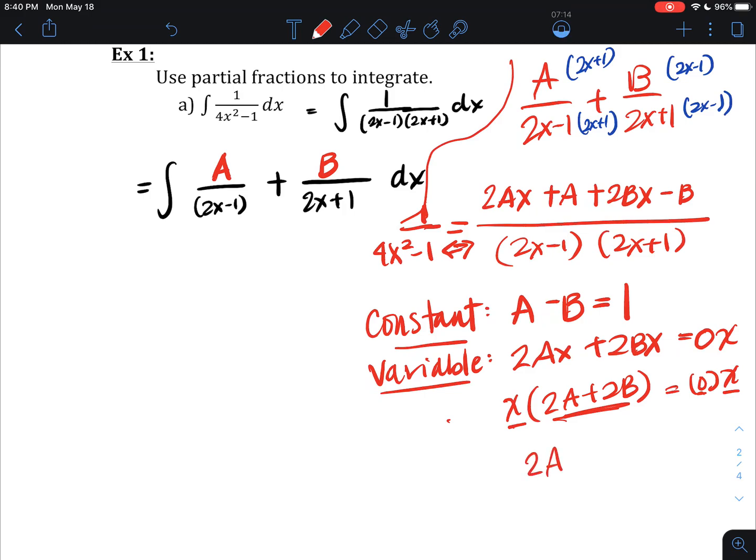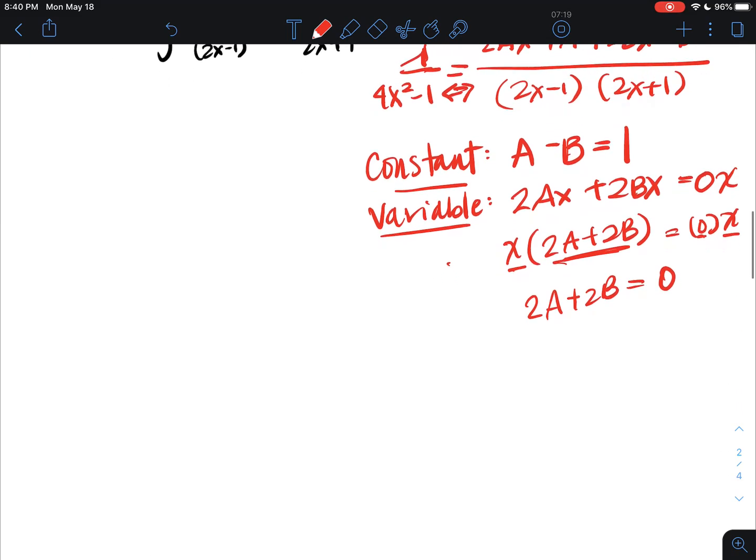So then I have 2a plus 2b equals 0. Now I'll take out that 2 and get rid of that 2. So if I do 2(a plus b) equals 0, divide both sides by 2, then I get a plus b equals 0.